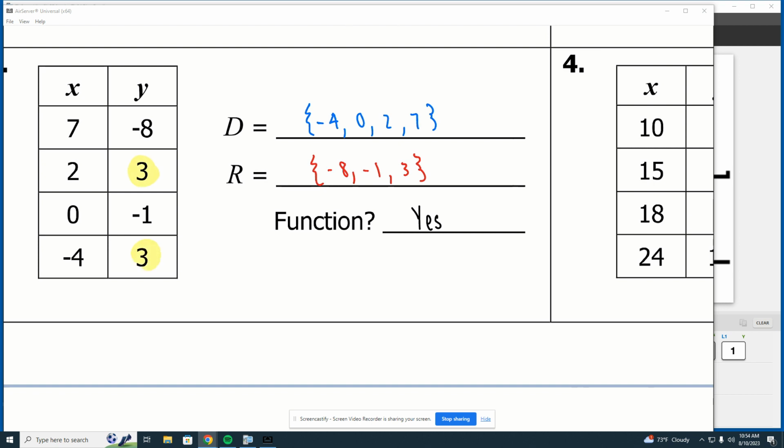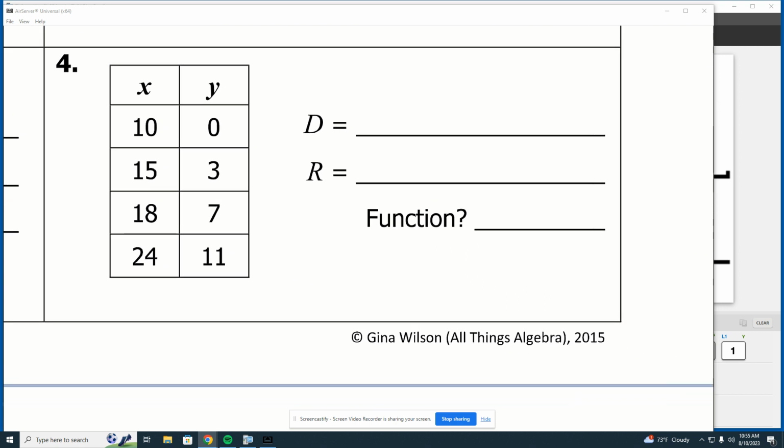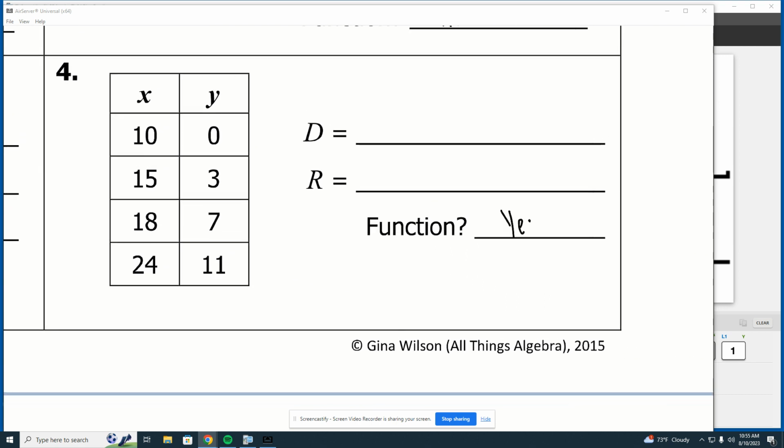I don't care that Y repeats. That's fine. X can't give me multiple Y's. I could have 2 different X's give me the same Y all day long. I just can't have X giving me multiple Y's. So that is why this one is a function. Number 4 is a function. And y'all can see your domain and range.